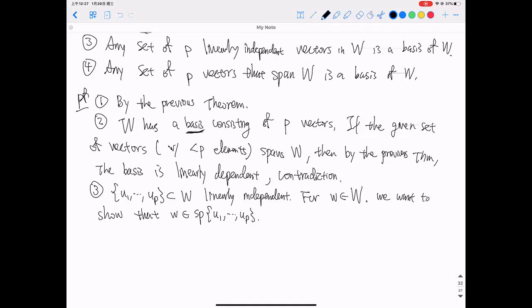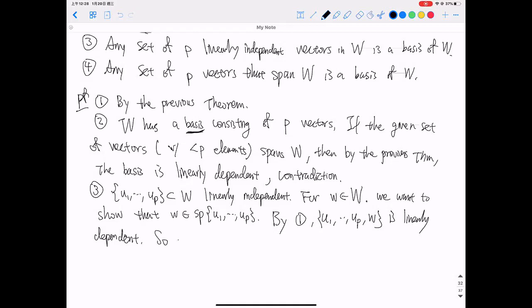Now, by 1, we've already argued that since P is the dimension, if you have P plus 1 vectors, they must be linearly dependent. So the vectors U1 through UP plus w are linearly dependent. Okay.